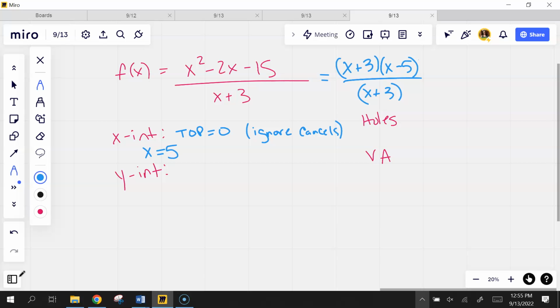Don't worry about that right now. We haven't talked about that yet. Just wait. When the top equals 0, because that's how you find zeros. You say, when does the function equal 0? Well, the function can only equal 0 if the top is 0. Because if the bottom is 0, that gives me discontinuities and an undefined point.